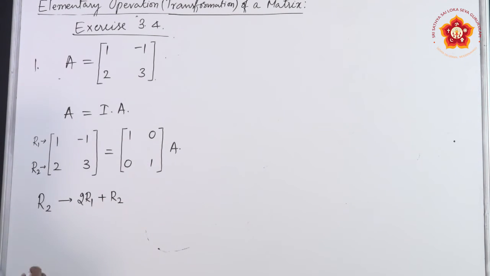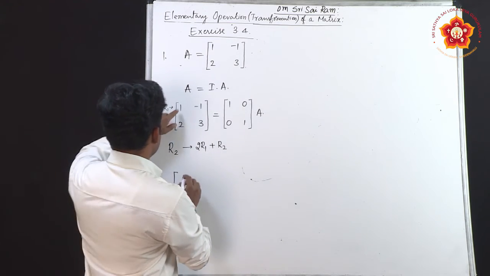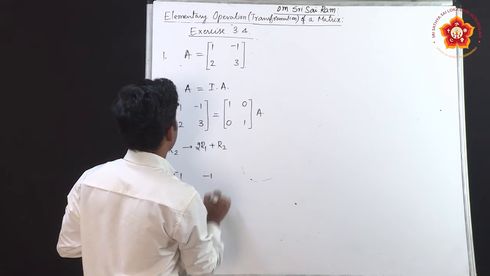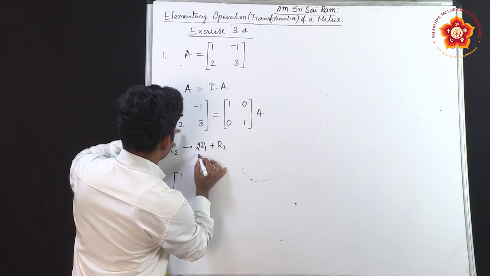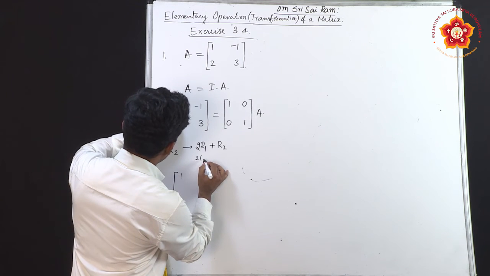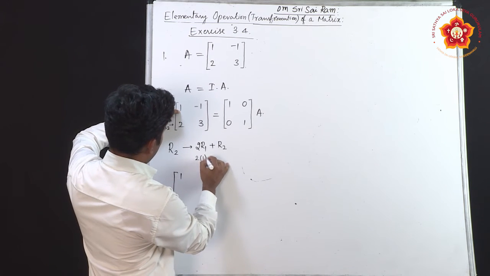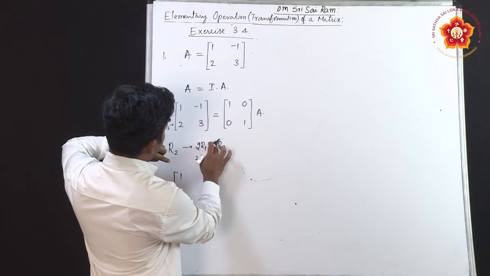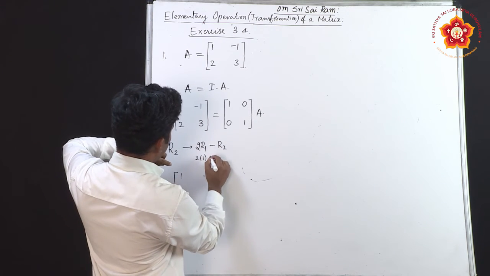Okay. So, let us write that. You should not apply this to R1, we are applying it only to R2, not R1. So, R1 is as it is, 1 -1, and what about R2? Here is 2, and the corresponding element of 2 is 1, that is 2 times R1 minus R2.